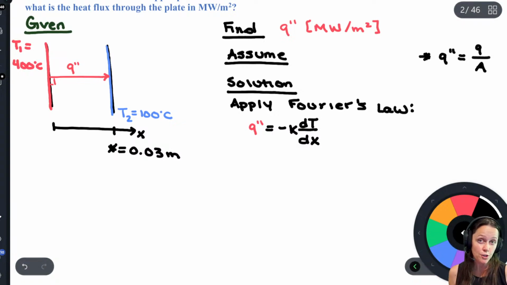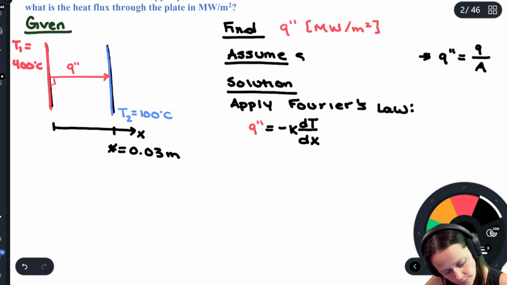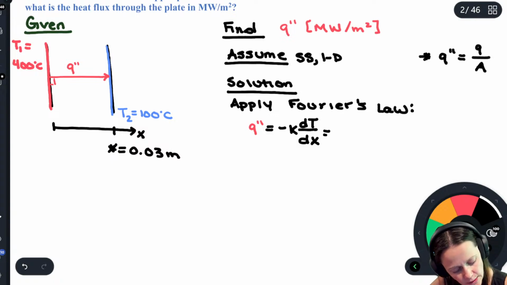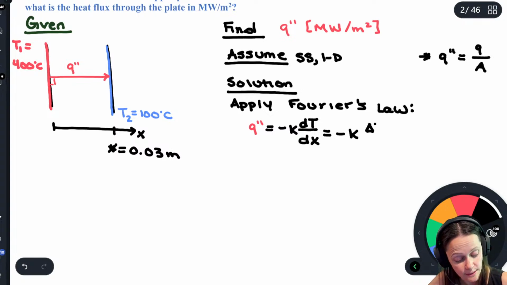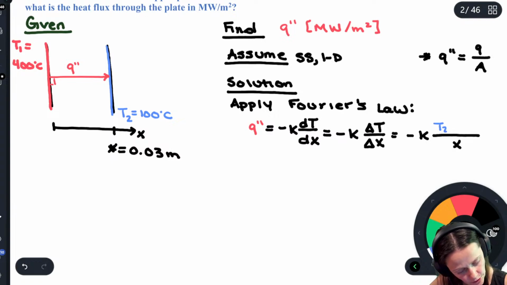One thing that I will do is assume that it's steady state. It's also 1D. So if it's steady state 1D, this is negative k delta T over delta x, where delta x is X and delta T is T2 minus T1.